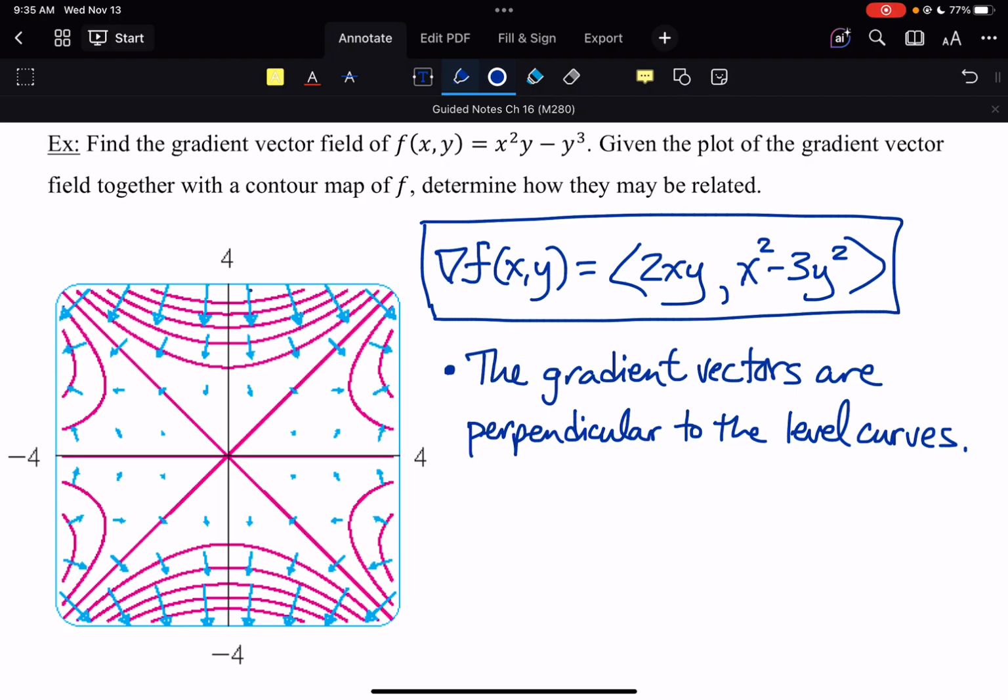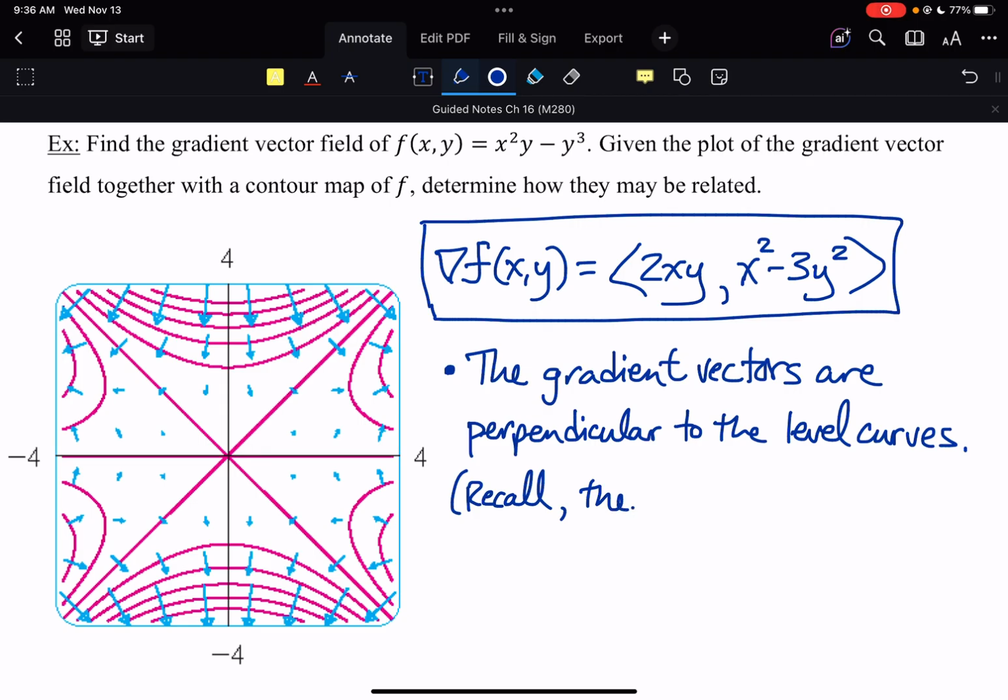What that means is they're giving us the steepest increase or decrease, which if you recall, back in the chapter where we talked about directional derivatives and were finding maximum and minimum values for the derivative, we determined that the maximum rate of change occurred in the direction of the gradient. And the actual maximum or minimum value was the length of the gradient.